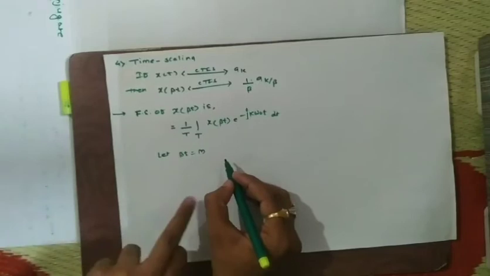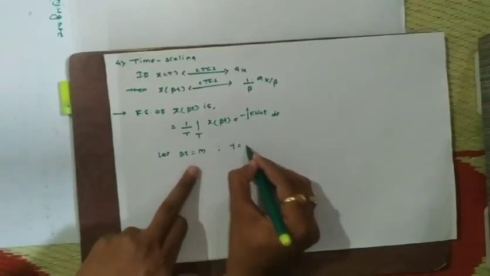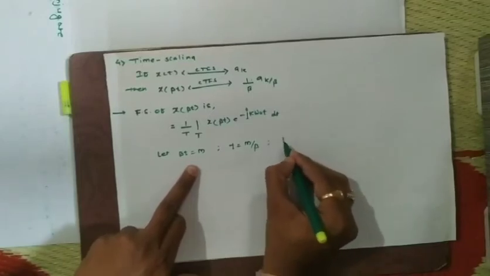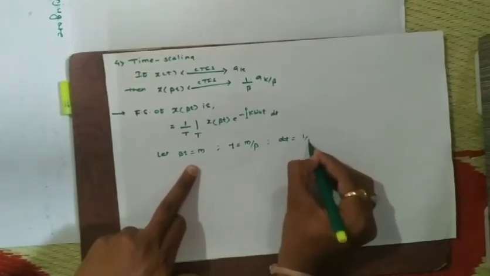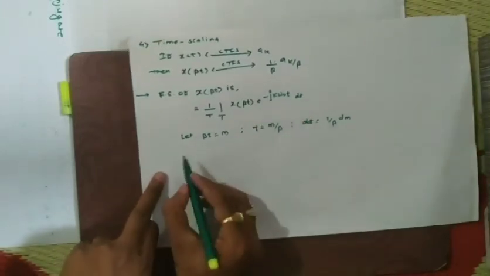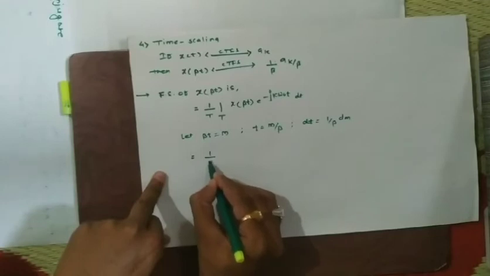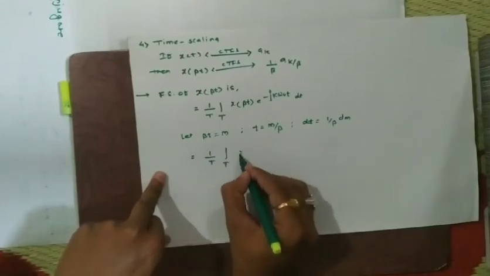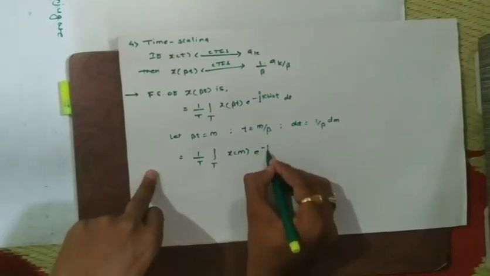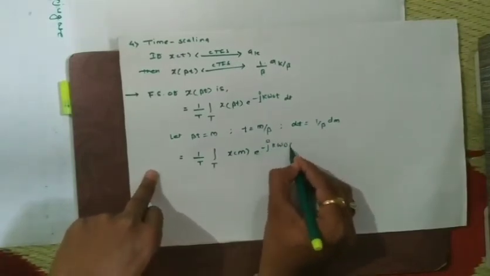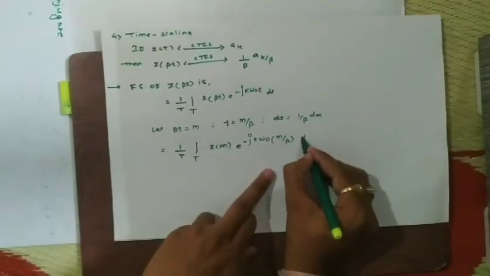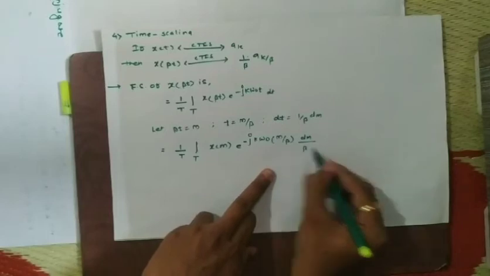So if beta t equals m, we'll get t equals m upon beta. If I differentiate on both sides, we'll get dt equals 1 by beta into dm. Now if you put all these values here, we'll get this integration term 1 upon T integration, this is x(m) into e raised to -jk omega naught. Instead of t we'll write m by beta, instead of dt we'll write dm upon beta.